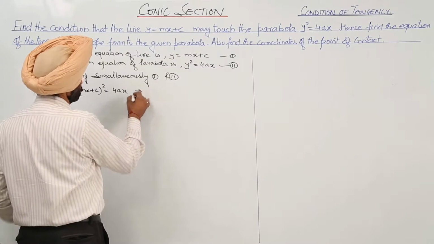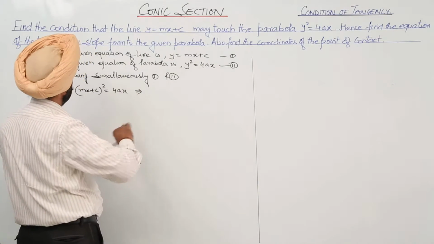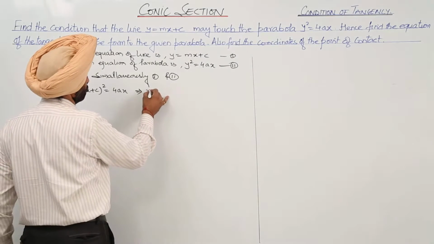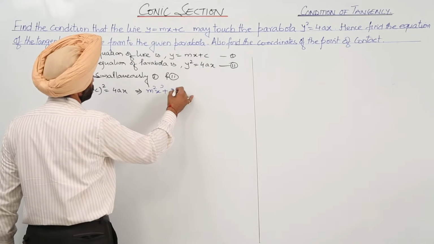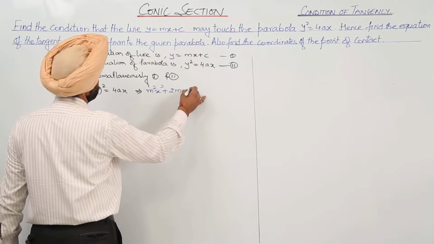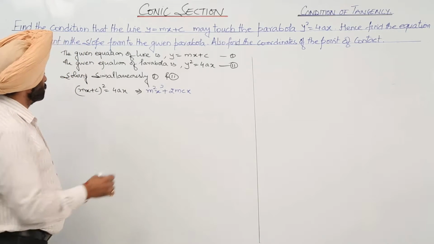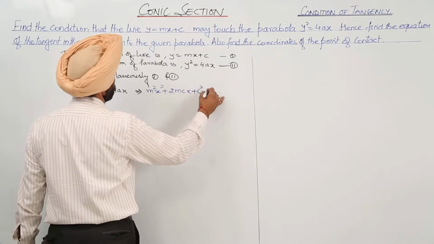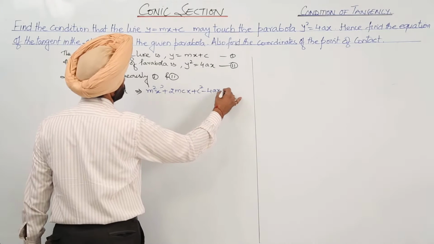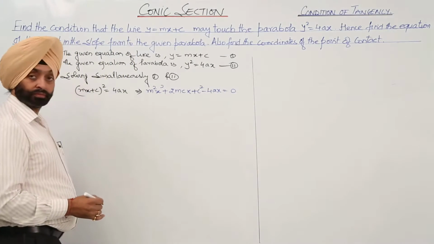Now this becomes m square x square plus twice of mcx plus c square minus 4ax is equal to 0.